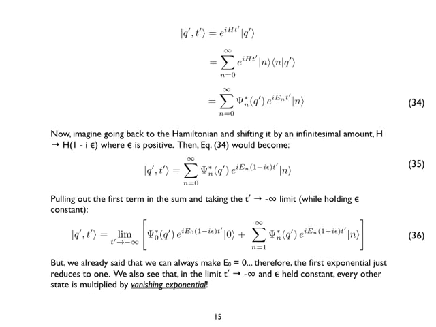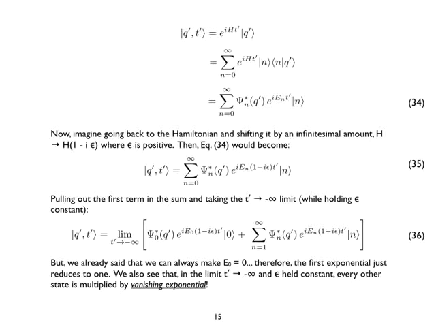Then if we insert a complete set of states of the Hamiltonian and take those limits, we find that all the states drop out if we use this other trick, which we call the i epsilon trick. If we shift the Hamiltonian by some small imaginary part, which in the end we're going to take to 0, so we don't affect the physics.